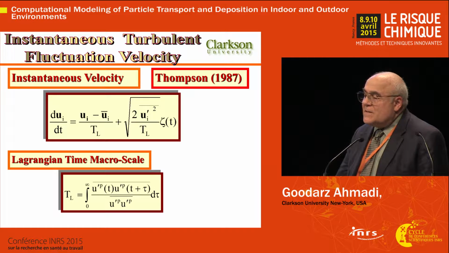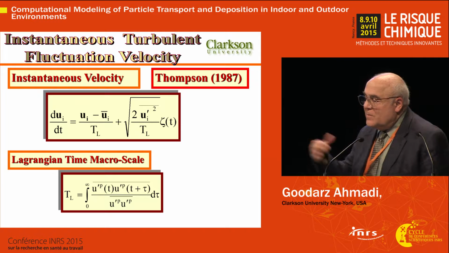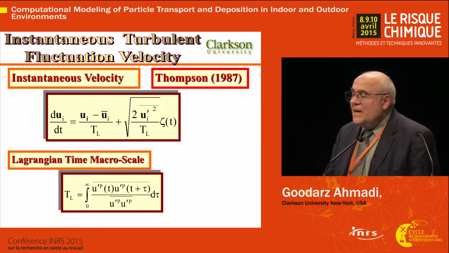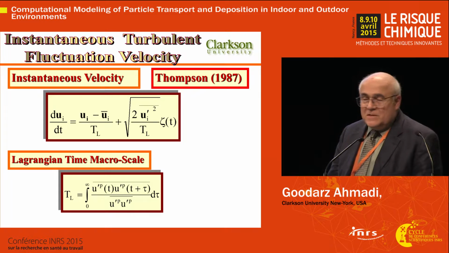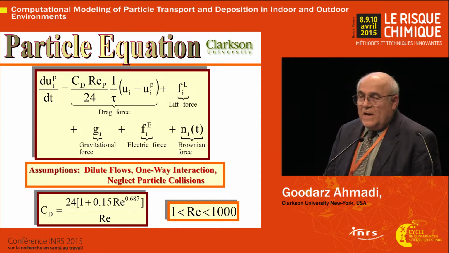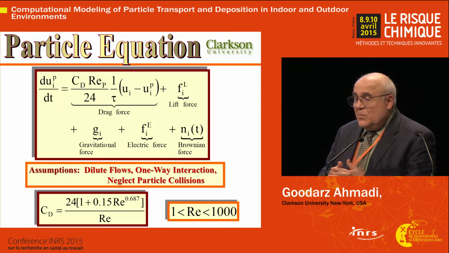This zeta here is some kind of a white noise excitation. So knowing the time scale of turbulence and average flow, you can generate the instantaneous velocity with appropriate fluctuation and time scale. And that can be used among other methods to do that. So anyway, we can simulate flow in a variety of approximations these days.